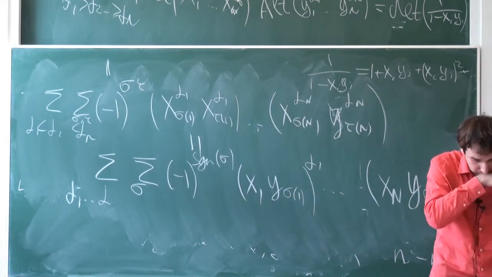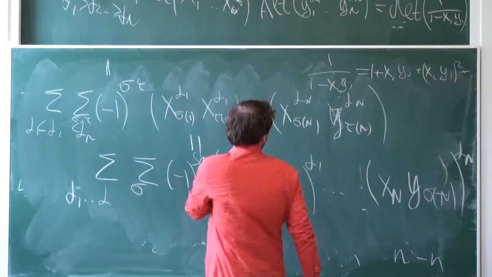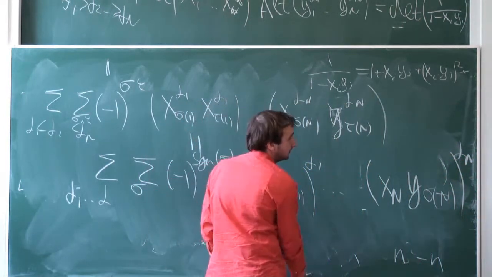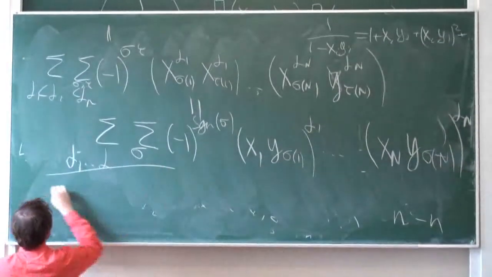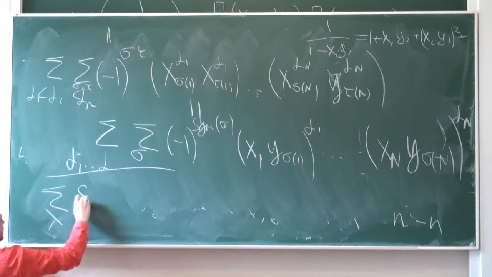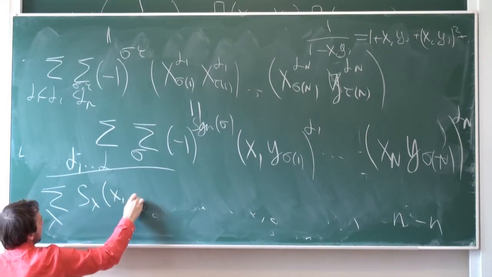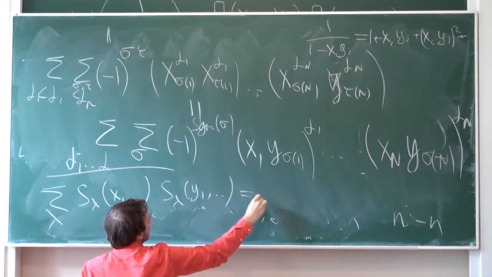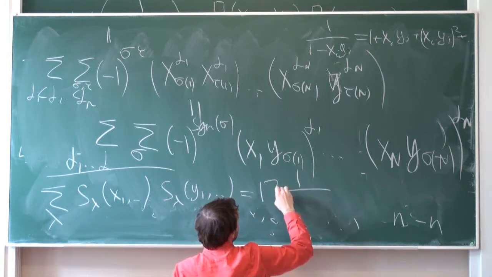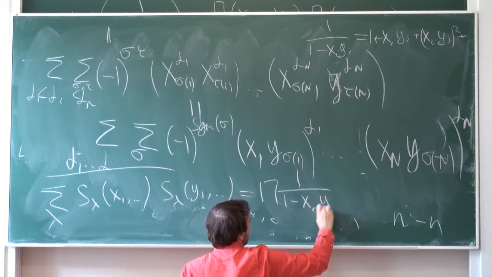So what we also need, let me write down again the Cauchy identity: the sum over all lambdas of s lambda of x1 and so on, s lambda of y1 and so on, is the product of 1 over 1 minus xi yj.